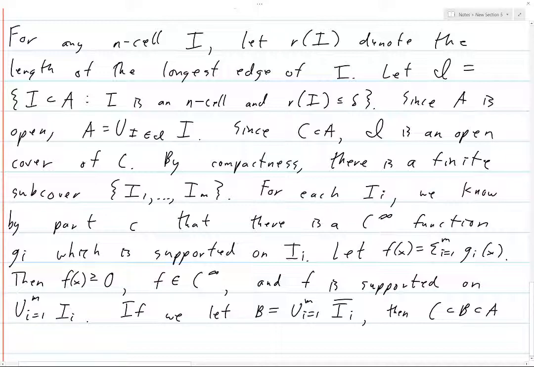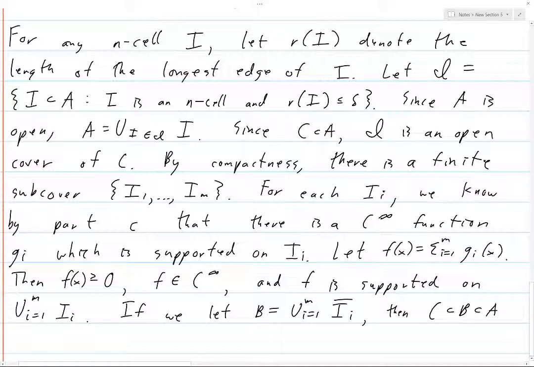That's why we had to go through the trouble of defining delta, to ensure that we can get this closed set B, which is contained within A. We had to be sure that we wouldn't end up with a scenario where we have this open cover of C, and then we take the closure of this open cover, and we end up with points on the boundary of A. We did that by choosing delta sufficiently small.